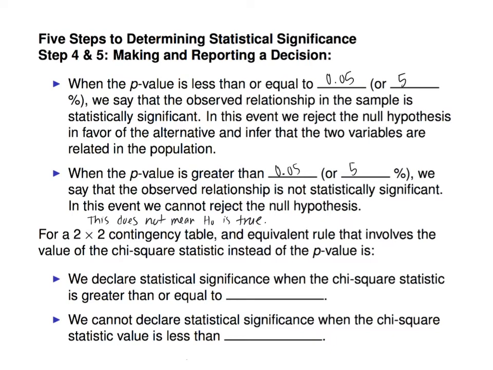So we declare statistical significance when the chi-square statistic is bigger than or equal to 3.84, and we cannot declare statistical significance when the chi-square value is less than 3.84. So for now, we're probably going to use the chi-square statistics a lot more than the p-values because you can compute those without having to actually use software. We'll spend more time a lot later in this class actually talking a lot about p-values.